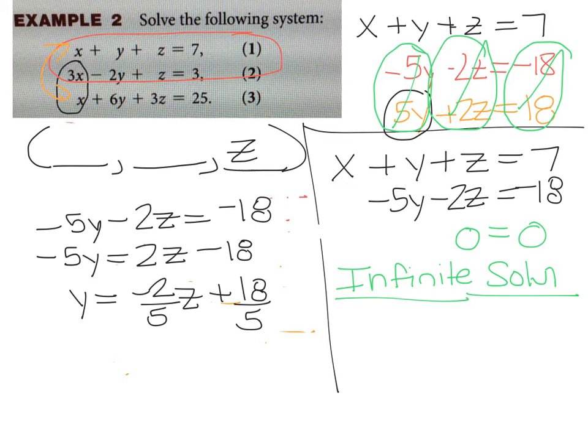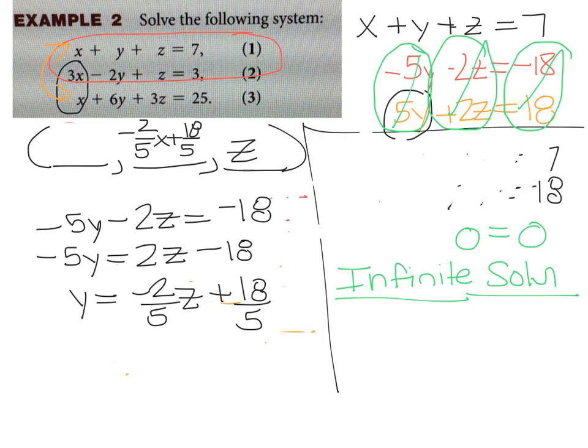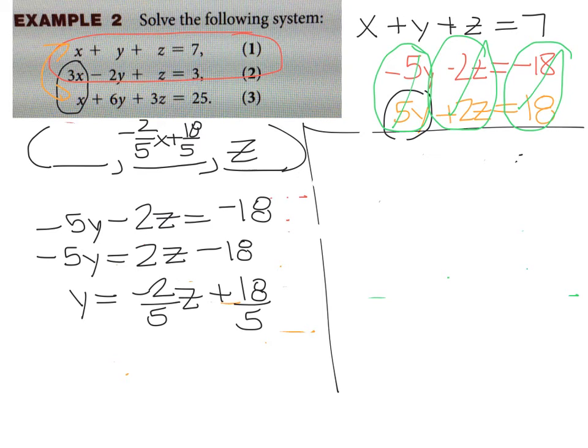So for my middle term, I can put negative 2/5 z plus 18/5. You're not done though yet, because you need to also find an expression for x. So let's find our expression for x. So to get our expression for x, we start with our first equation. x plus y plus z is 7.